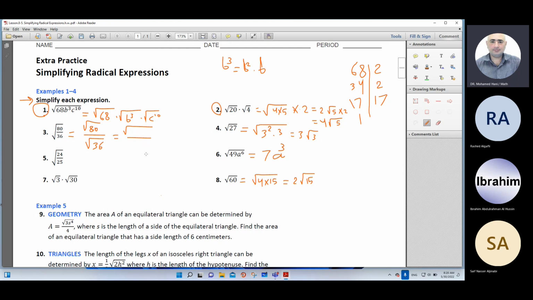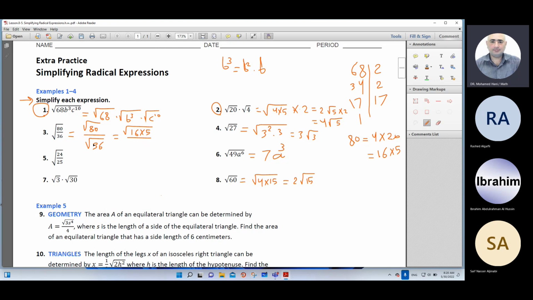As you remember, 80 equals 4 times 20, or equals 16 times 5. So we can write 80 as 16 times 5.